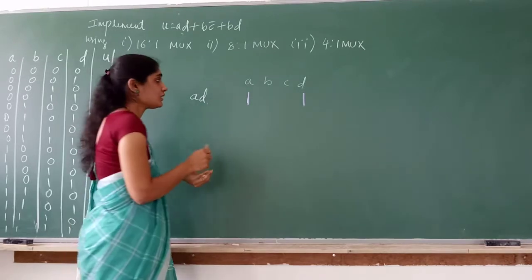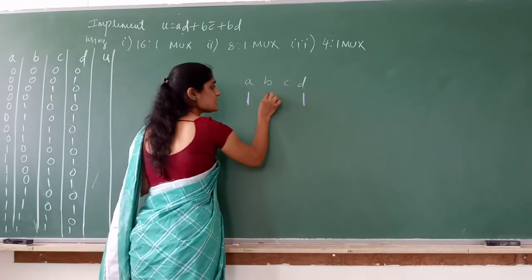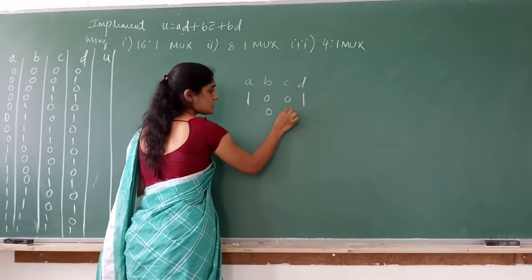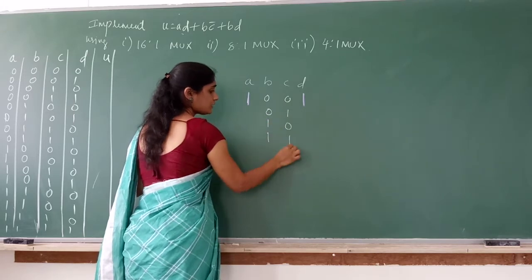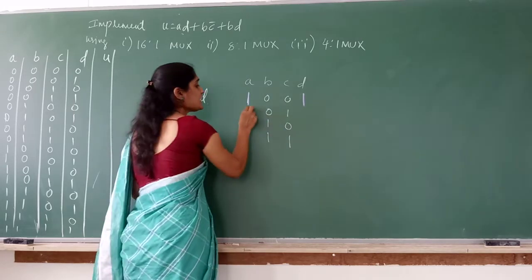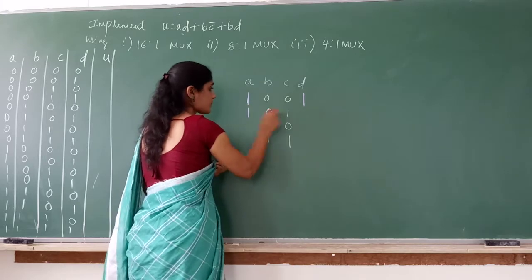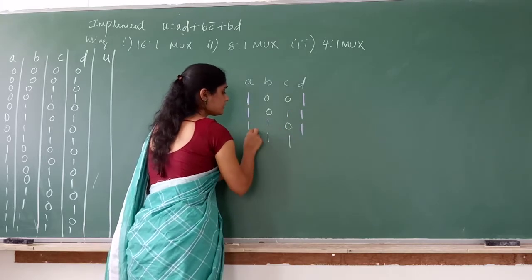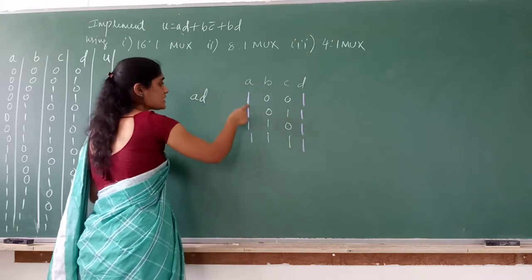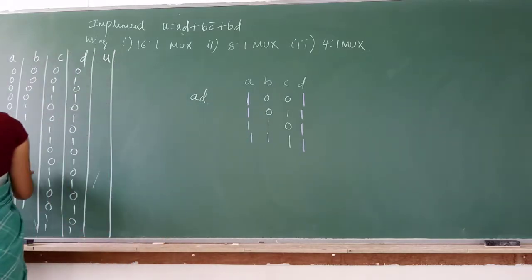What is BC? BC can be either 00, 01, 10, 11. But AD has to be 1, 1. So that is 1001.